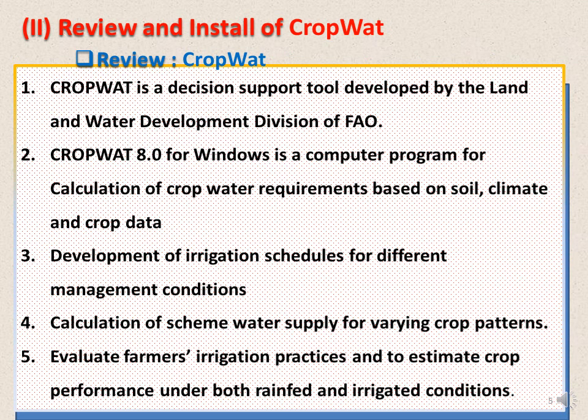And this is a short review about CropWat software. CropWat is a decision support tool developed by the Land and Water Department of FAO. CropWat for Windows is a computer program for calculation of crop water requirement based on soil, climate and crop data.